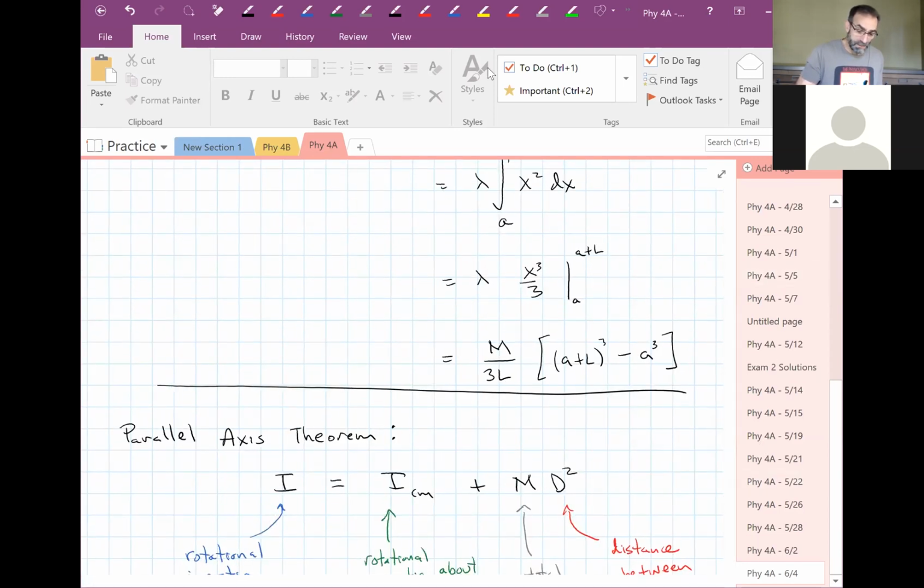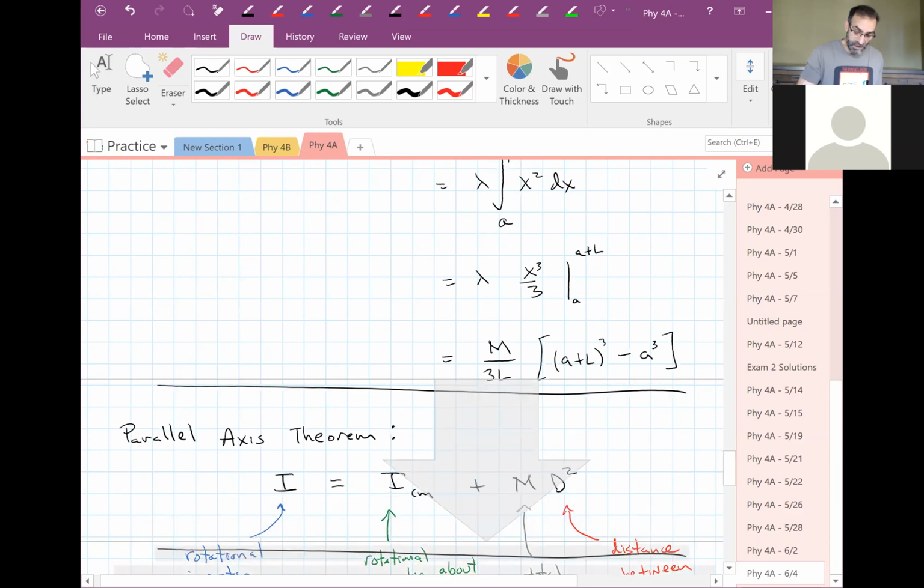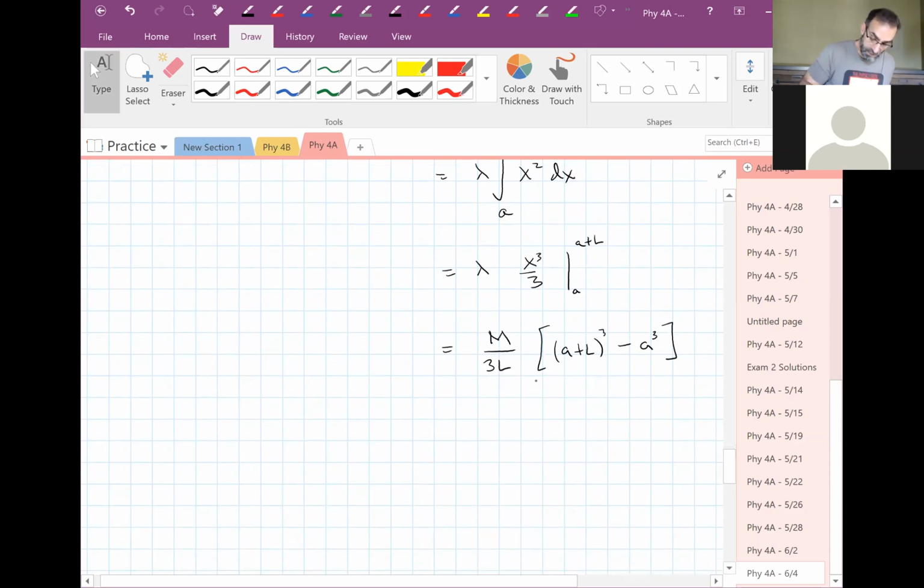So let's come back up here rather than doing a whole bunch of algebra to show that this is the same thing. Let's come back up here and say if A is equal to L, then we have this situation, right?